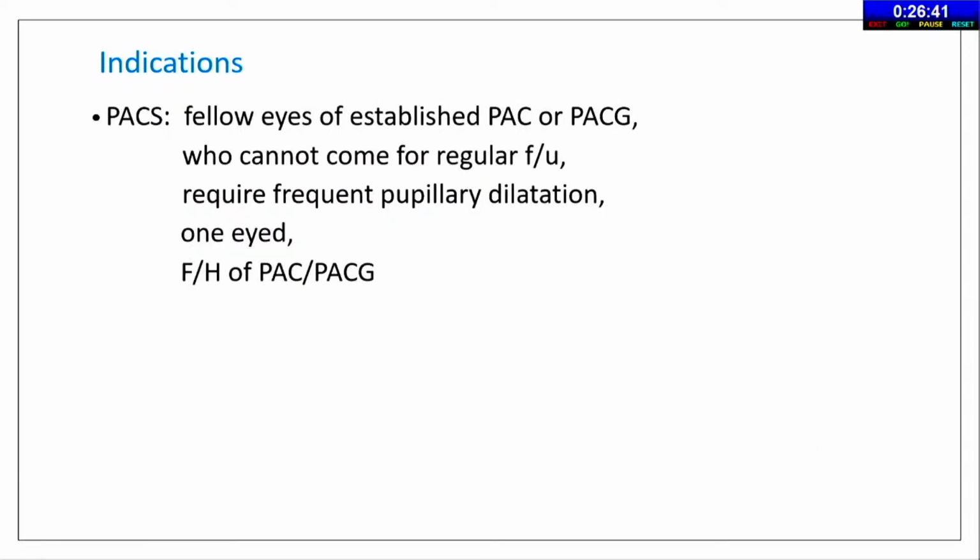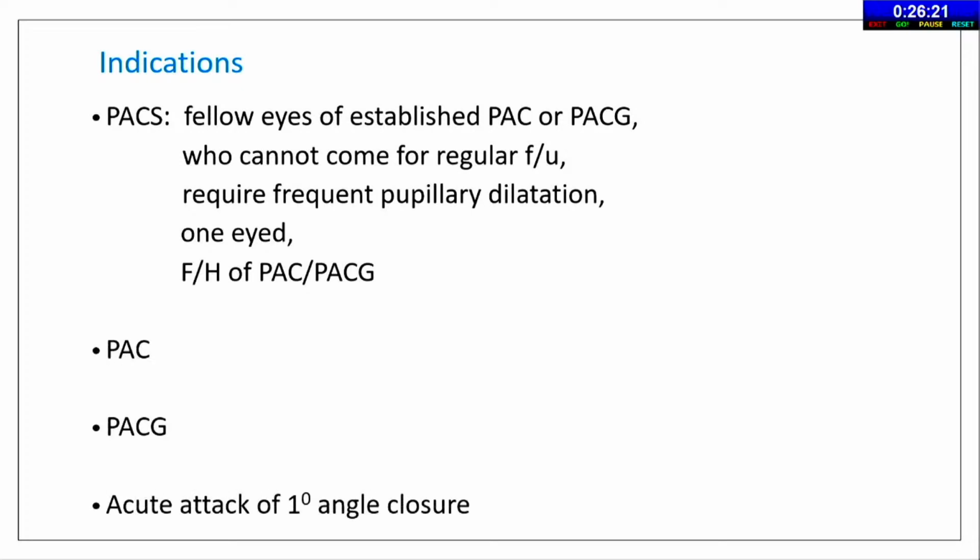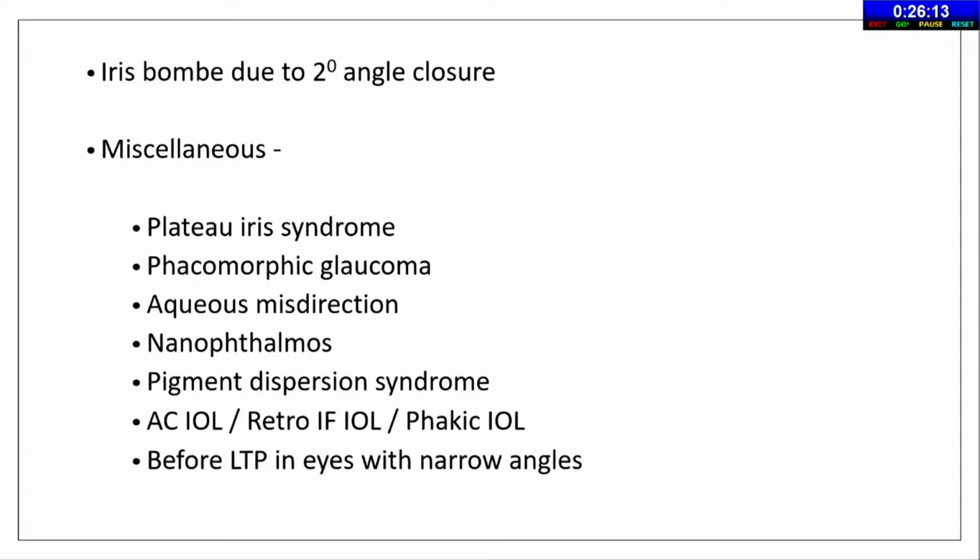So what are the indications? In angle closure suspect, it should always be done in fellow eyes of established angle closure or angle closure glaucoma, those who cannot come for regular follow-up, those who have a posterior segment pathology and need frequent pupillary dilatation, one-eyed patients, and those who have a family history of primary angle closure or angle closure glaucoma. In cases of PAC and PACG, they always have to be done, and so also in acute attacks of primary angle closure. In secondary angle closure, when it leads to iris bombe, again a PI has to be done.